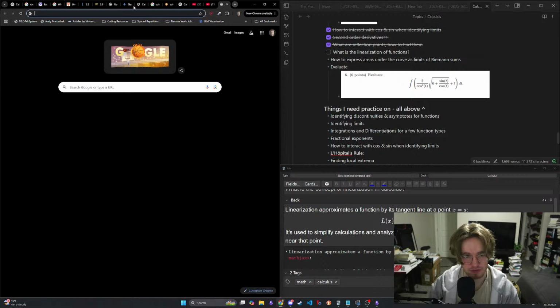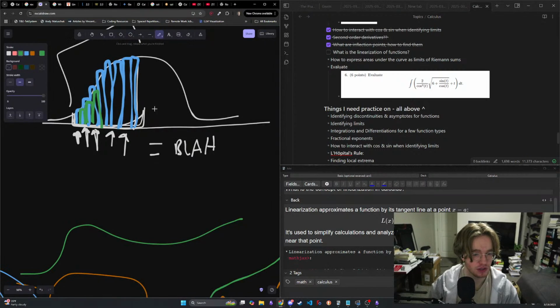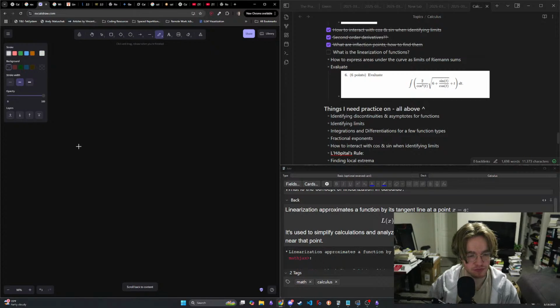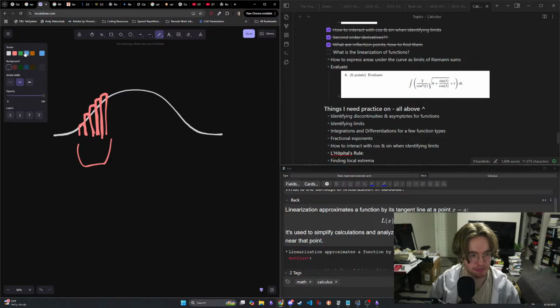So for this one, if we're doing the Riemann sum or whatever, as the number of rectangles I have approaches infinity, then it becomes like the integral.